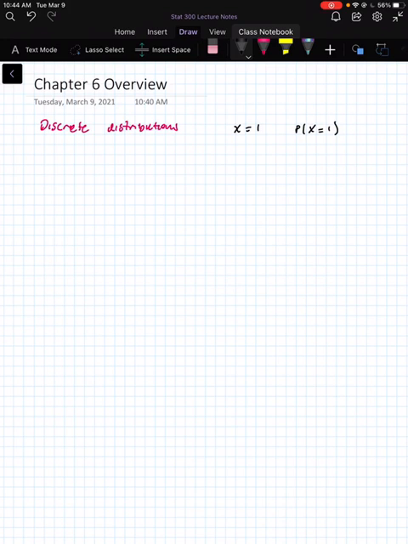Now, with continuous distributions, we don't have that same benefit. Instead, as we'll see, if x takes on a specific value, that really is meaningless, because any one value out of the continuous range of possibilities is not likely to occur.